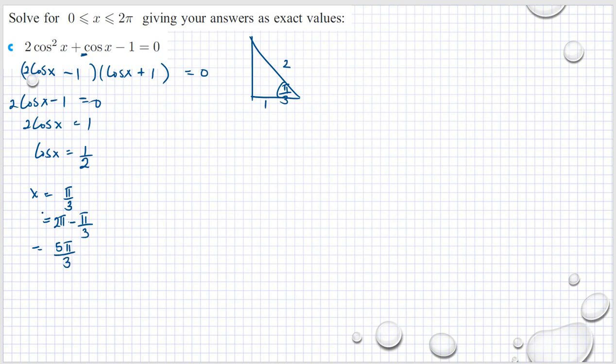The next one, we have cosine x is equal to negative 1. That means x is equal to pi. So now our x is pi over 3, and then we have pi, and then we have 5 pi over 3.